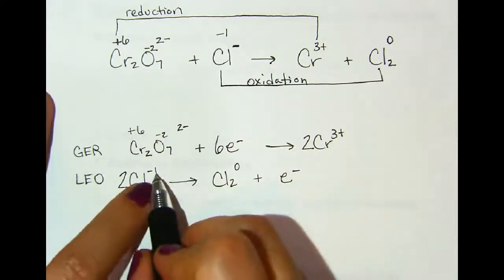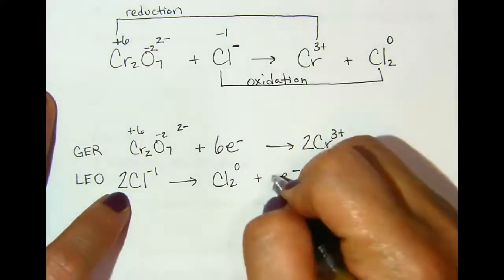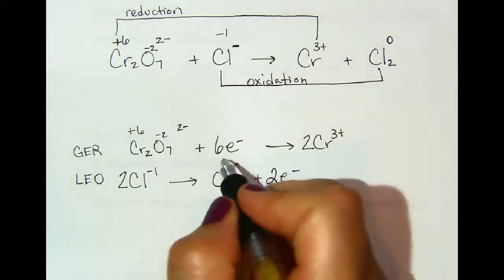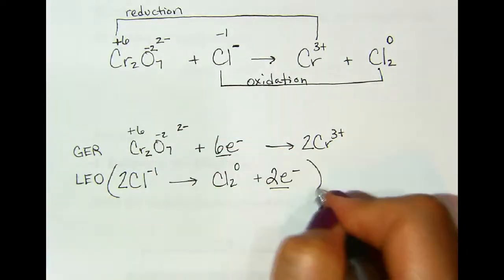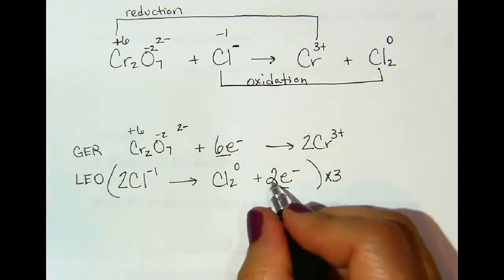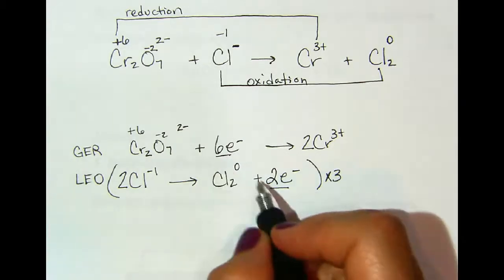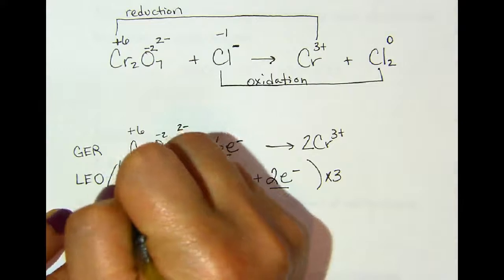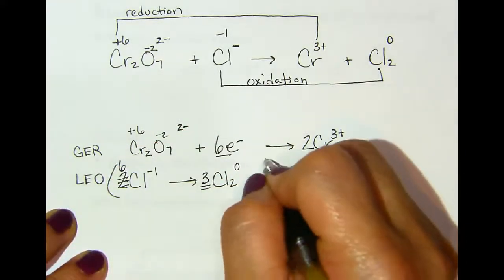Now, there's a difference of, from -1 to 0, a difference of 1, and 1 times 2 chlorines equals a 2 electron loss. So, because these have to be equal, I'm going to need to multiply this equation by 3, because 3 times 2 will give me 6 electrons, and that way I'll have an equal number of electrons lost as I do gained. So that means that 3 times 2 is going to make this 6. 3 is going to get placed here, and then 3 times 2 makes this 6.